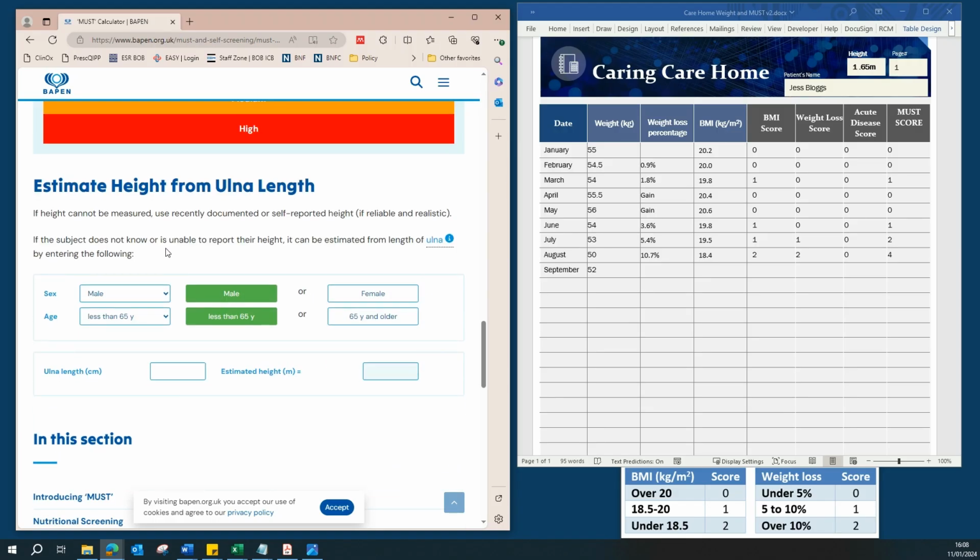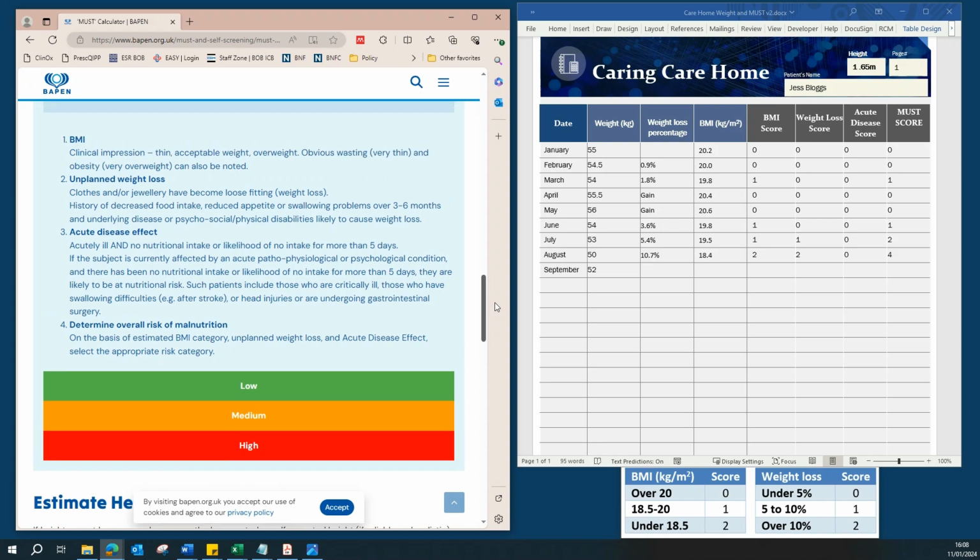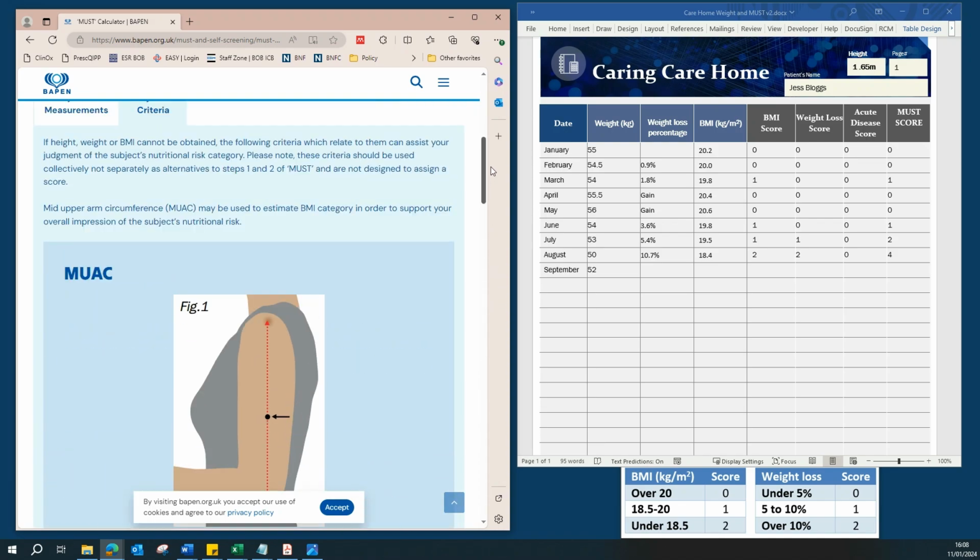And for Jess, we would change this drop down to female and highlight she's older than 65 years. And I've measured her ulnar length, which was 26 centimeters, and that's given an estimated height of 1.65. In other circumstances, you might not know your weight for a patient.